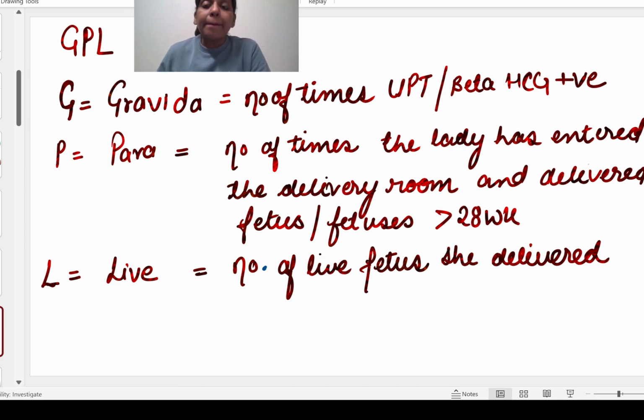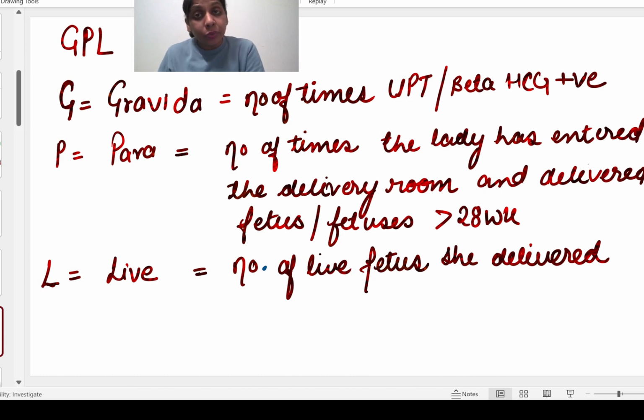P is para, the number of times the lady has entered the delivery room and delivered a fetus of more than 28 weeks. Even if it is a twin pregnancy, the lady will enter the delivery room only once, right? Even if it is twins or triplets, whatever it is, she enters only once to deliver.